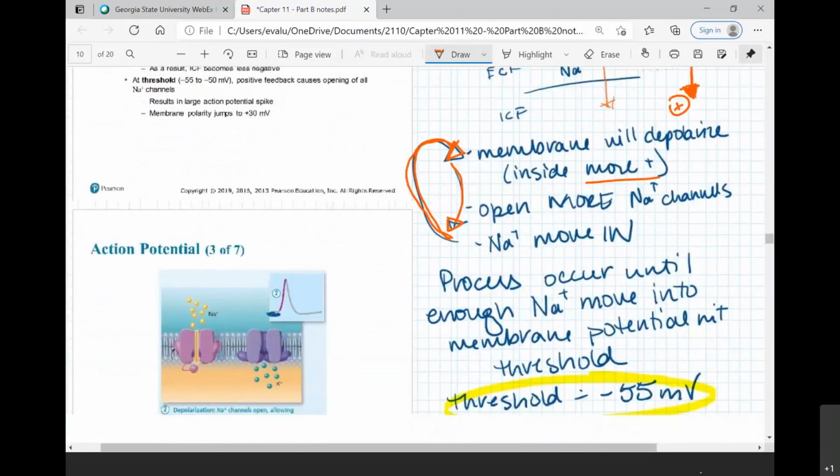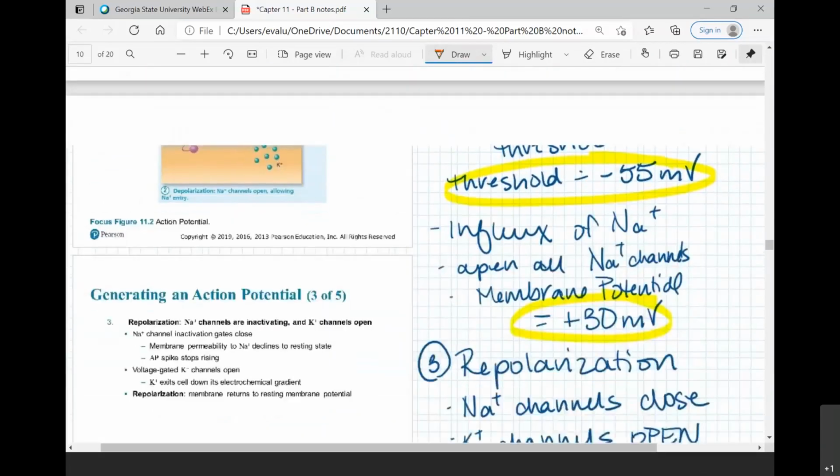Threshold is going to be about negative 55 to negative 50 millivolts. Usually negative 55 is like the standard. But when you go from negative 70 and enough sodium enters the cell that you hit negative 55, it is considered the process of an all or none. So you are essentially going to open up all sodium channels.